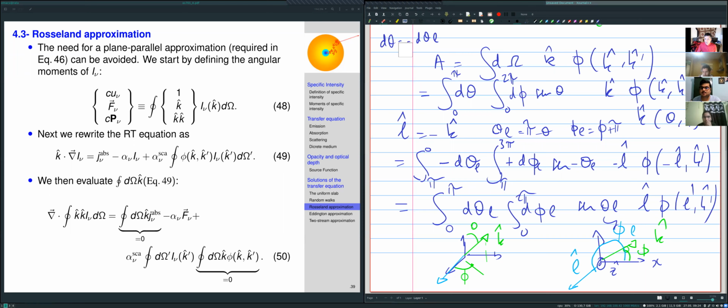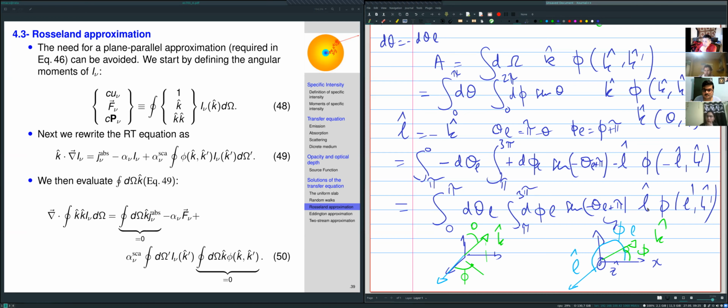Here, and that's not true either. Theta L minus theta L plus pi. And this goes from pi to 0.